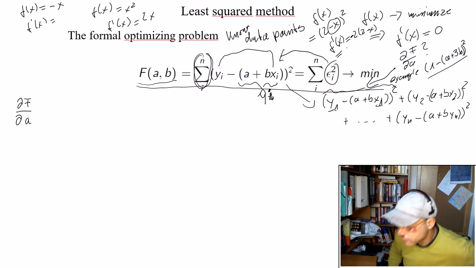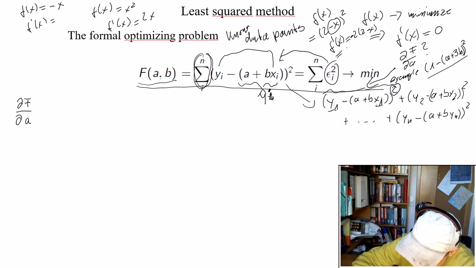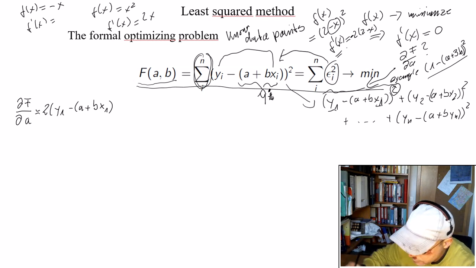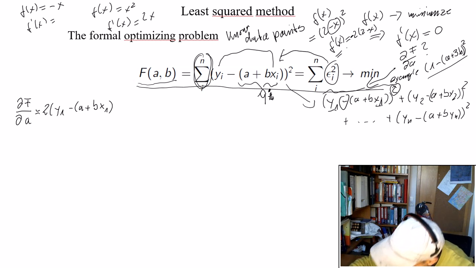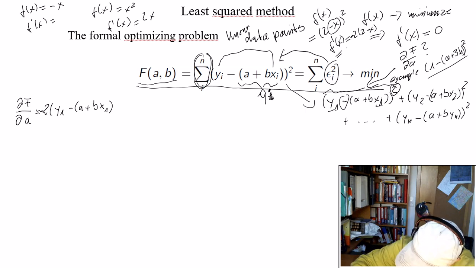We can go there in general. So this 2 just in front. So this would then mean 2 times y1 minus (a plus b x1), and from this minus sign here, we obtain the inner derivative, also minus, here.